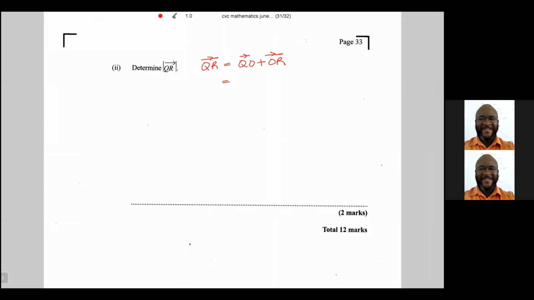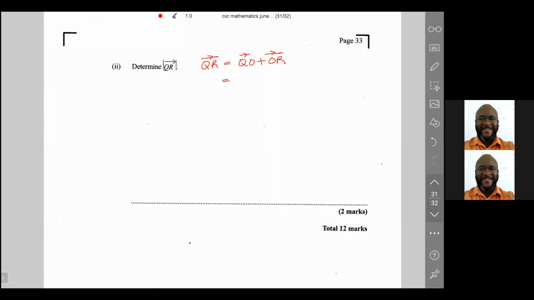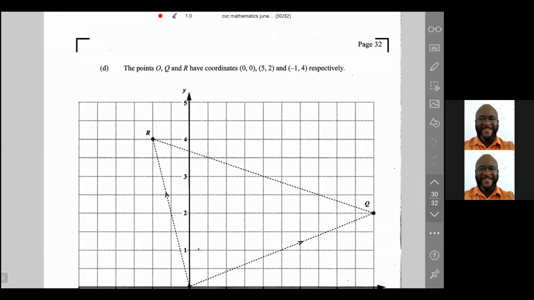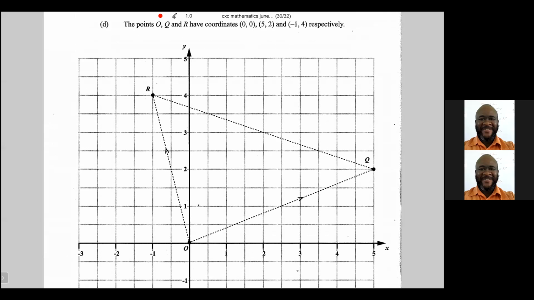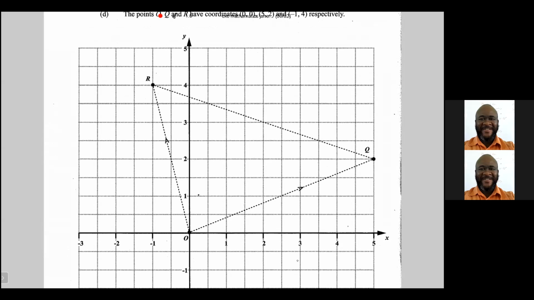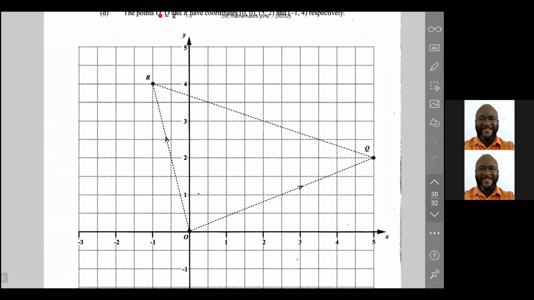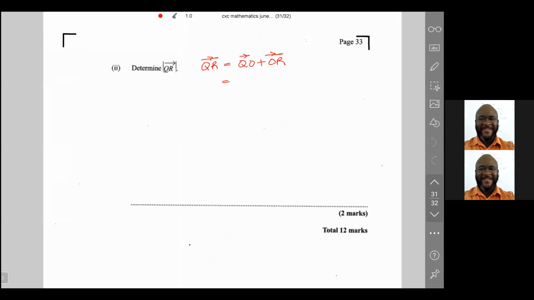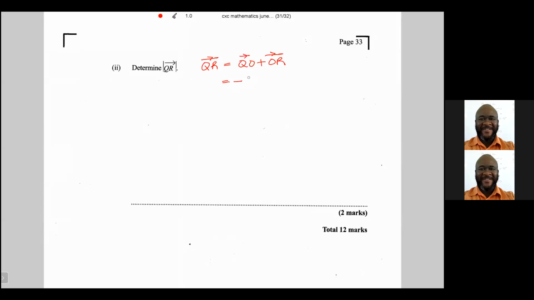All right, QO. OQ is 5, 2, so QO is minus 5, 2, plus OR, which is -1, 4.